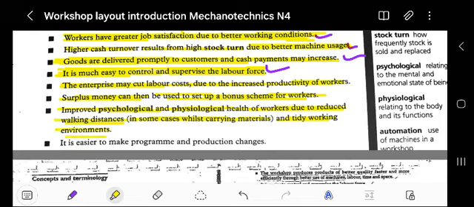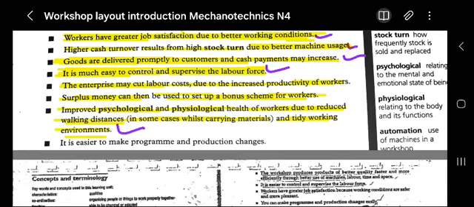Some suffer with sinus problems. If your workshop is nicely planned and we have dust extractors or reducers there, people's health is safe in your workshop. This is the advantage of good workshop layout or good workshop planning.